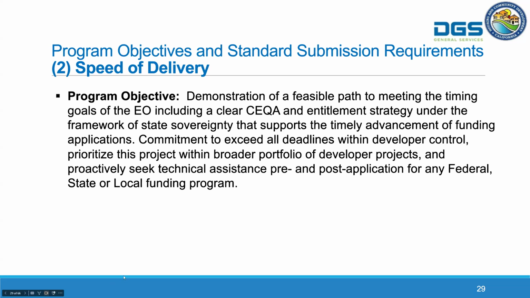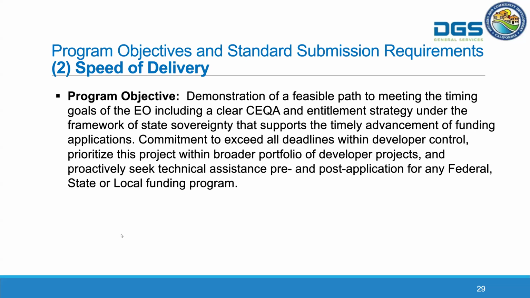Speed of delivery of the housing is another important program objective. Proposals must provide demonstration of a feasible path to meeting the timing goals of the executive order, including a clear CEQA and entitlement strategy under the framework of state sovereignty that supports the timely advancement of funding applications.